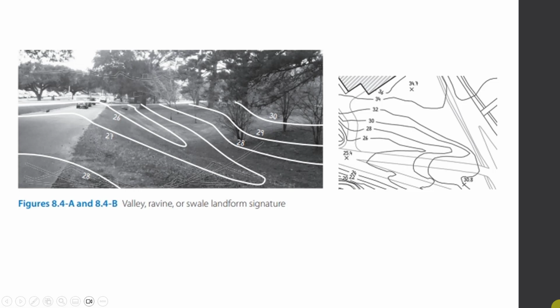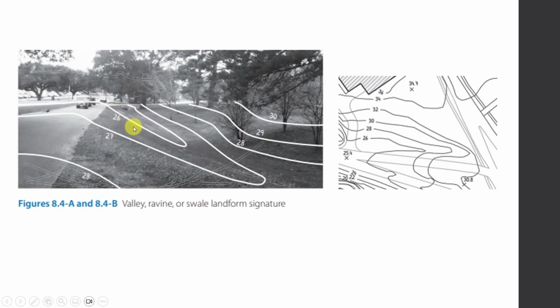A valley is going to be a depression in the ground, but it's usually tilted. Think about how a stream runs down a valley. It's got an uphill side and a downhill side to that stream. So take a look at this one right here, which is a drainage swale, really, and you'll see the signature of this landform.